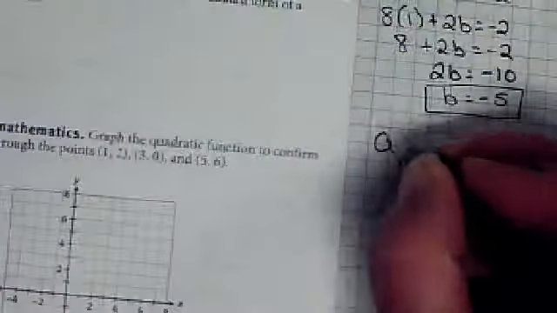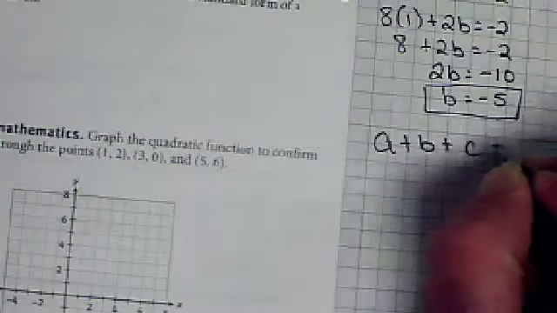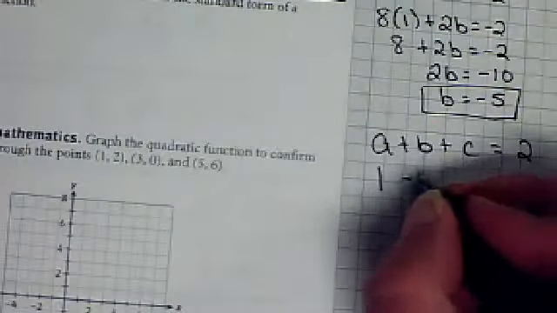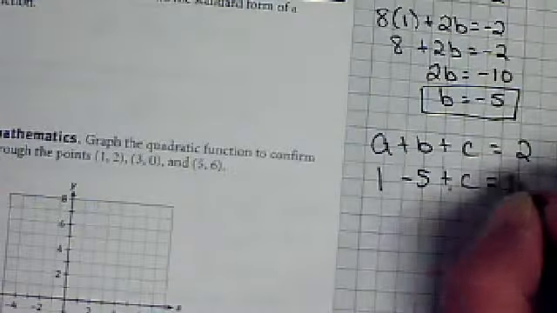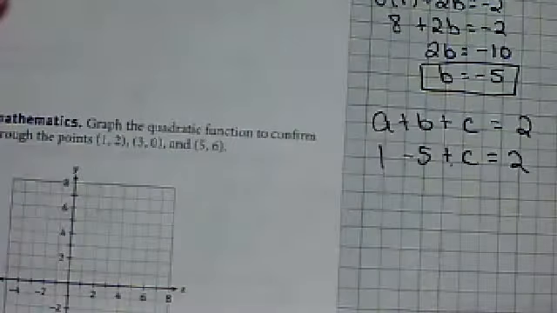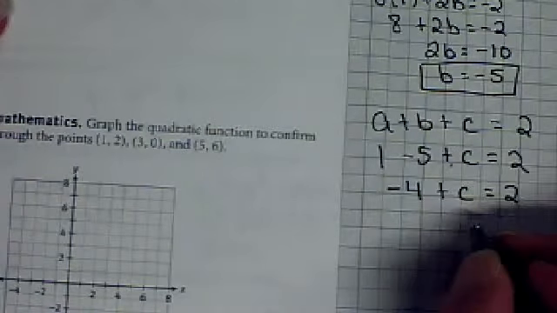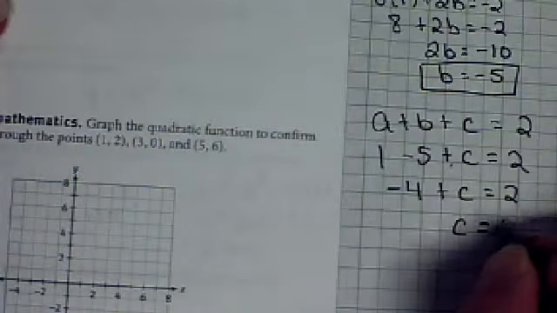Ooh, I like equation 1. a plus b plus c equals 2. So we know a is 1, b is negative 5, and now all we have to do is solve for c. So negative 4 plus c equals 2, so c equals 6.